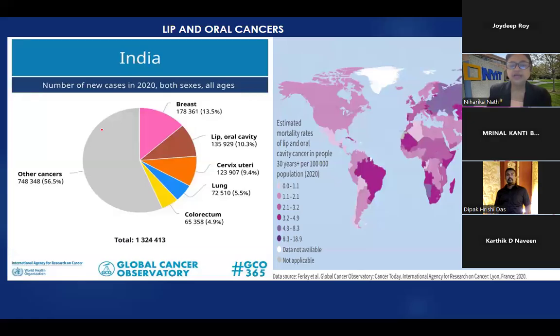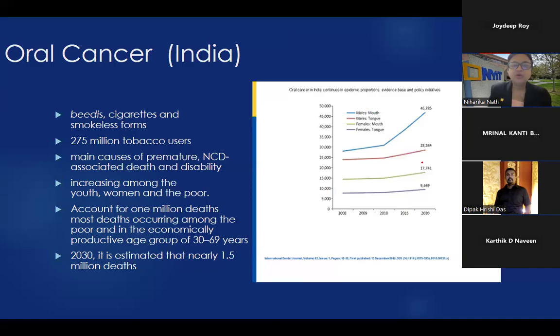All right. And these are all basically known lip and oral cancers. Look at this in India, huge amounts. Look at the color, darkest. It's there in other countries, but we have the darkest, and it's also there in other African countries. Oral cancer, huge.